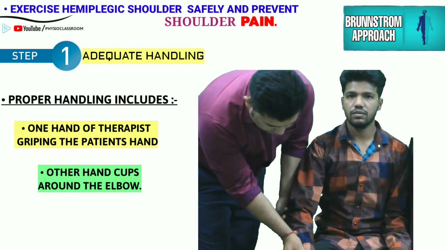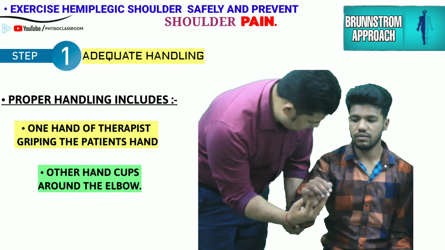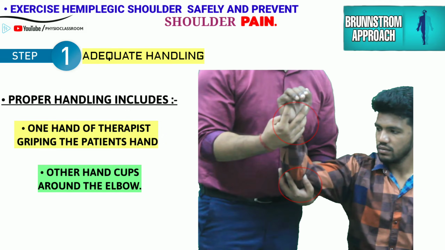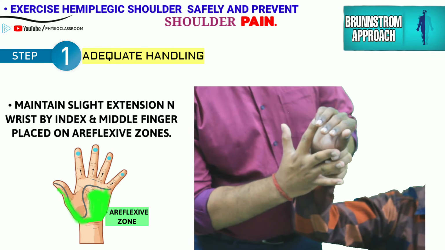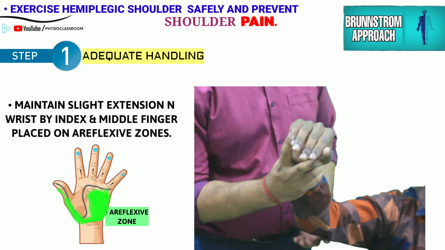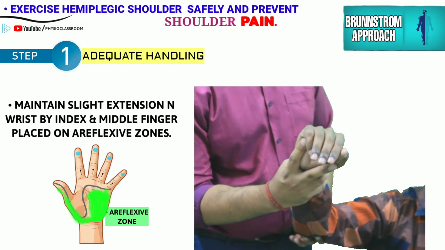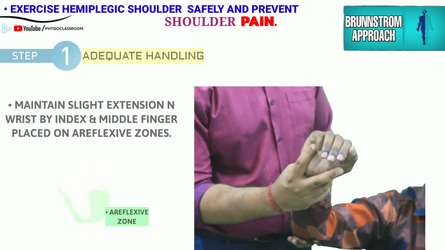One hand of the therapist supports the patient's wrist and hand, while the other hand cups around the patient's elbow. The patient's wrist is maintained in slight extension using the therapist's index and middle fingers, which are placed on the areflexic zone on the palm of the hand.